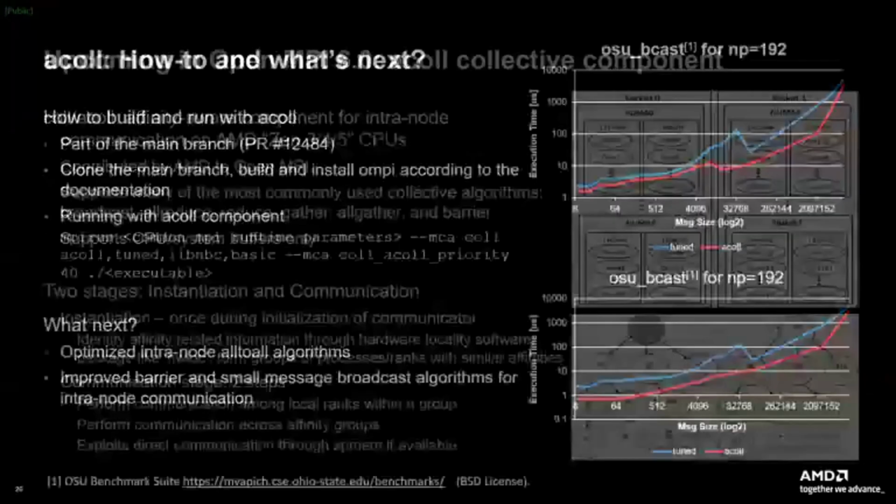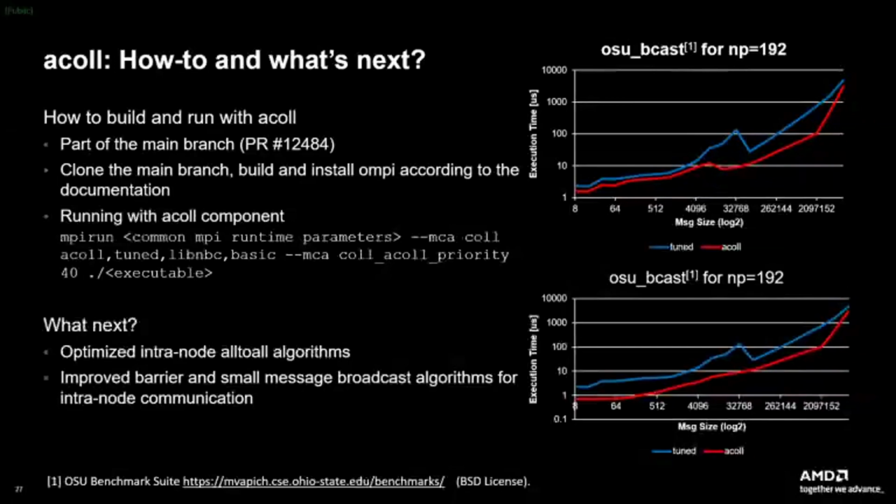So the component is there, supports many of the more popular collective algorithms. Initial work was focusing a lot on larger message sizes. And that's the upper graph that you see over there, showing quite significant improvement for large broadcast or large all-reduce operations if you use the entire chip or the entire system.